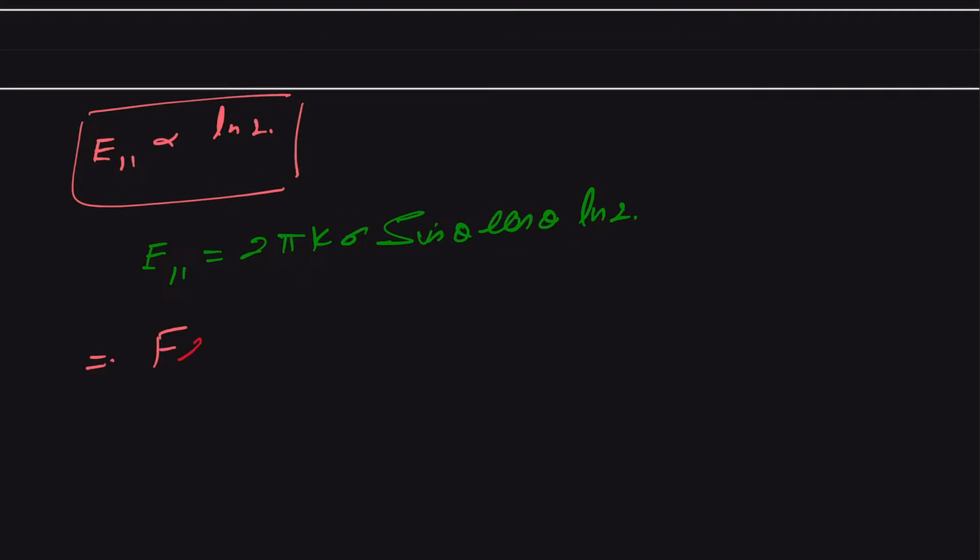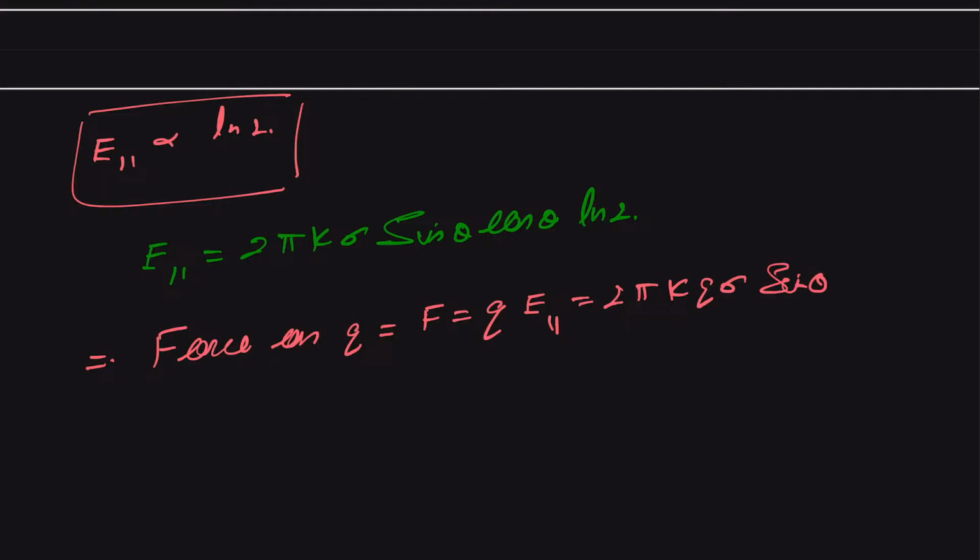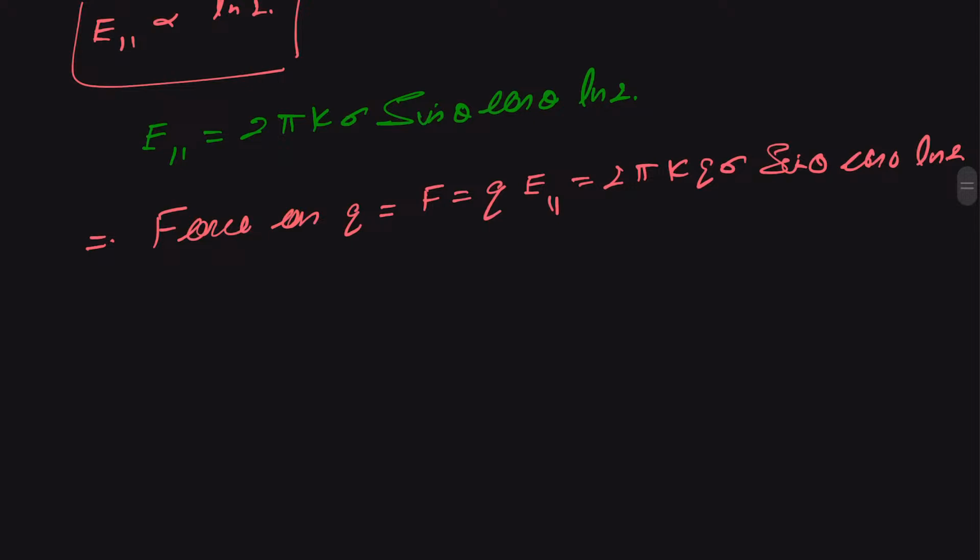The force on charge Q will be F equal to Q multiplied by the axial electric field, and this gives us 2 pi k q sigma sine theta cos theta natural log of 2. And then we have to find the angle for maximum force.